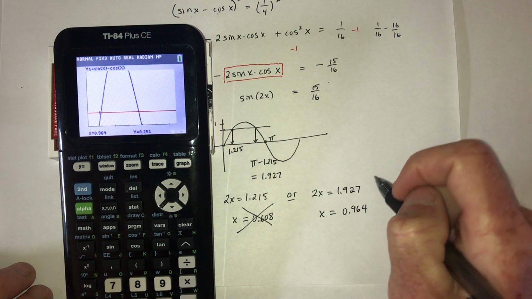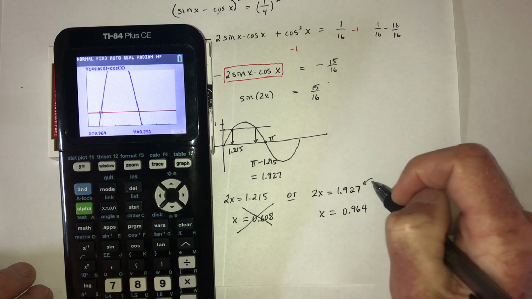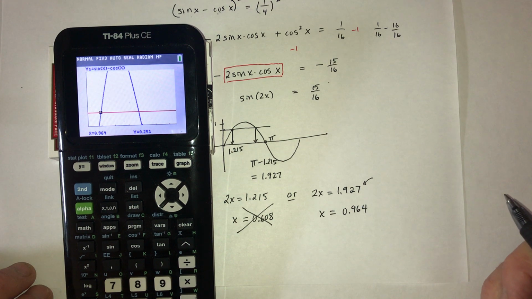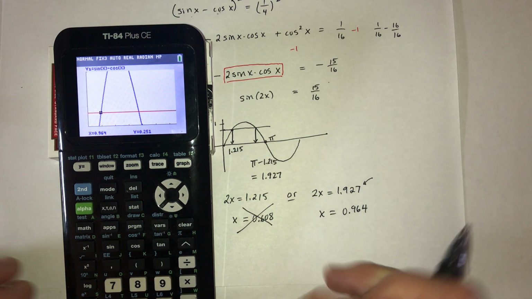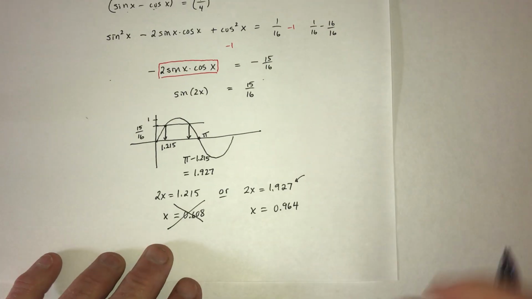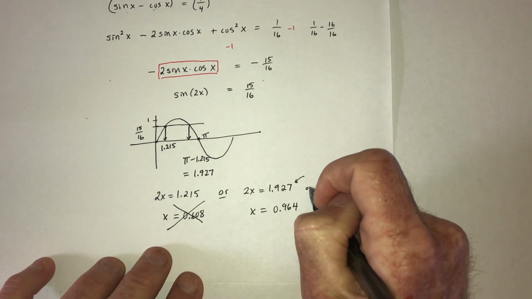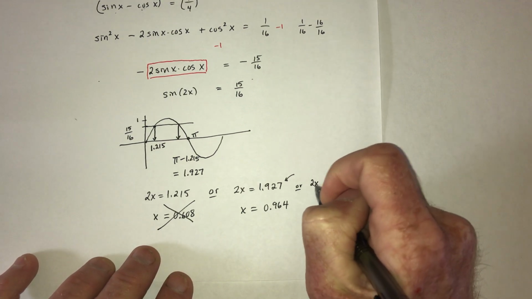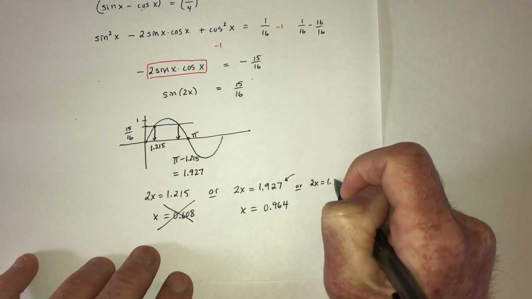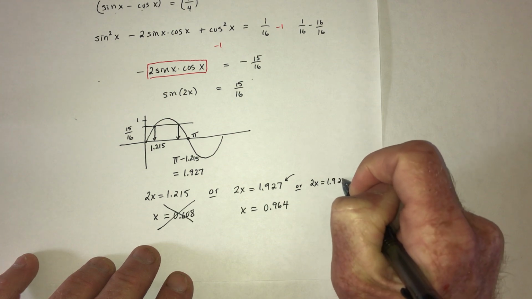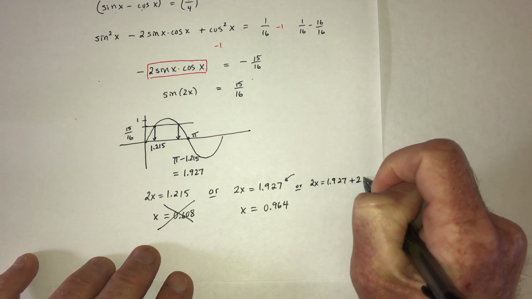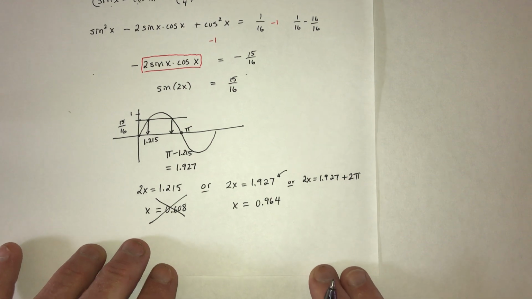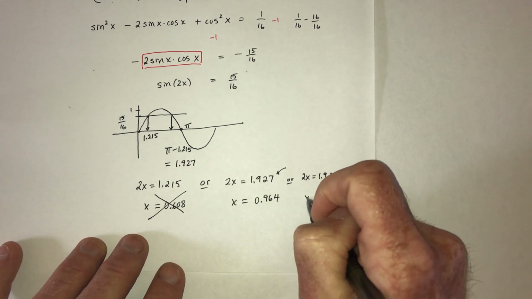So then what I should be able to do is take this answer and then add on 2 pi. So next, take this answer, 2x equals 1.927 and add on 2 pi. And then divide that by 2.